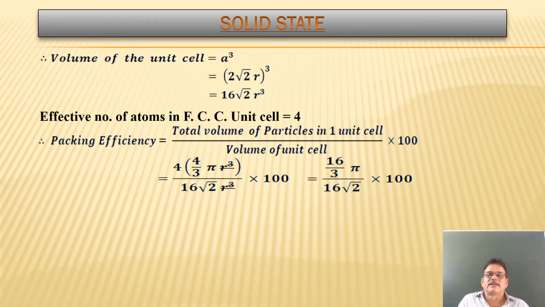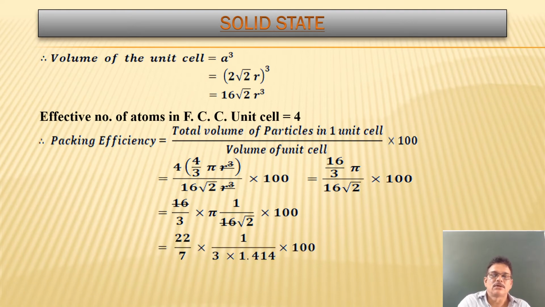That is equal to 16 by 3 pi by 16 root 2 into 100, or 16 by 3 pi into 1 by 16 root 2 into 100. 16 cancels out. So pi means 22 by 7, by 3 into root 2 value 1.414, into 100.